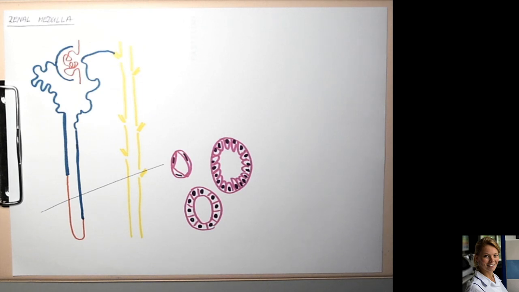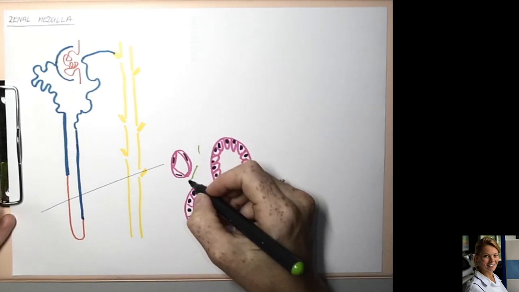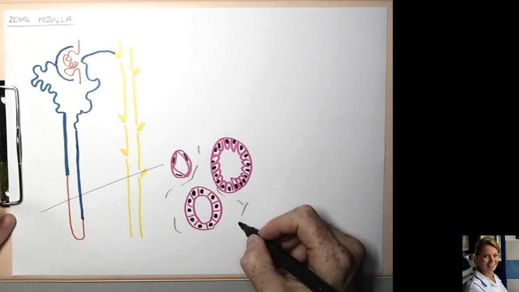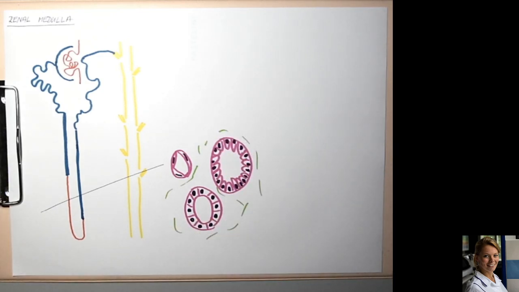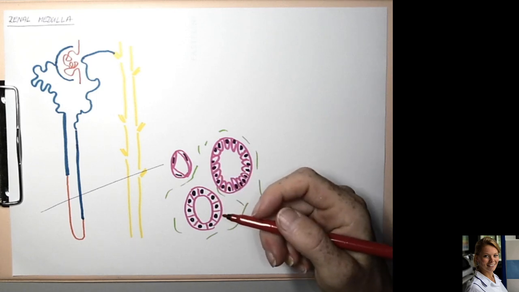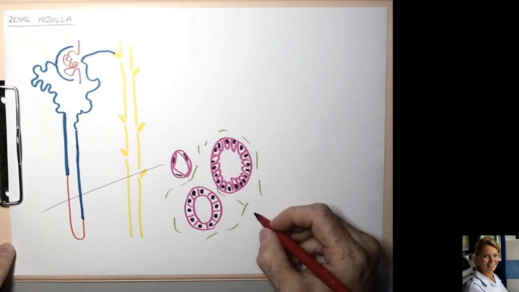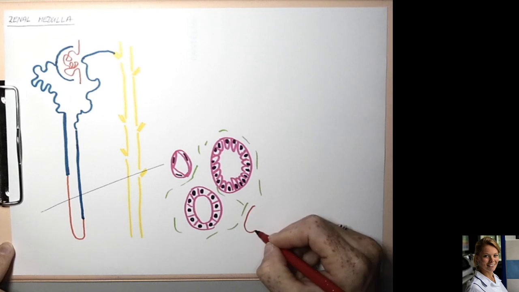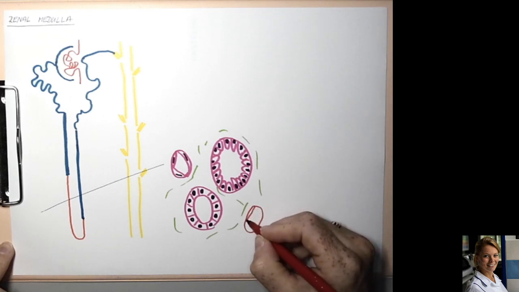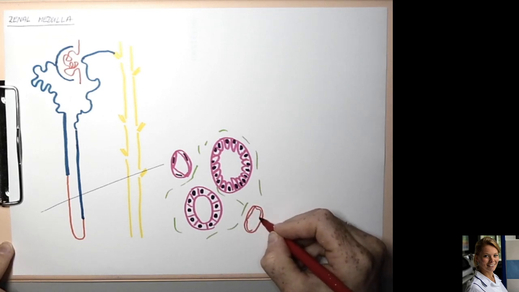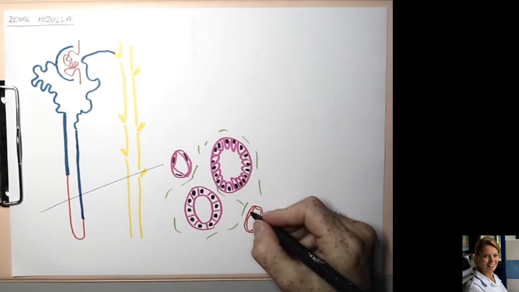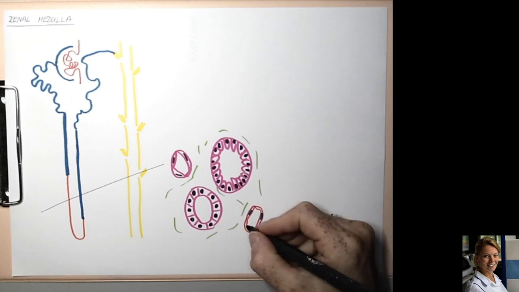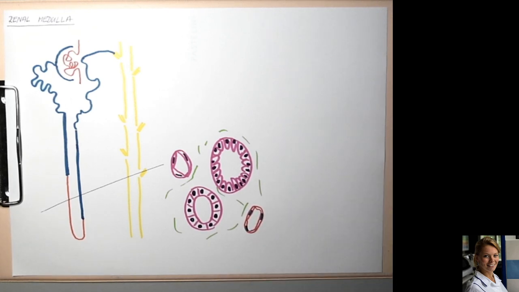In the interstitial connective tissue, which is between the tubules, loose connective tissue also contains arteriolae rectae, vasa recta, which is lined by endothelial cells. Endothelial cells are flattened cells with flattened nuclei.